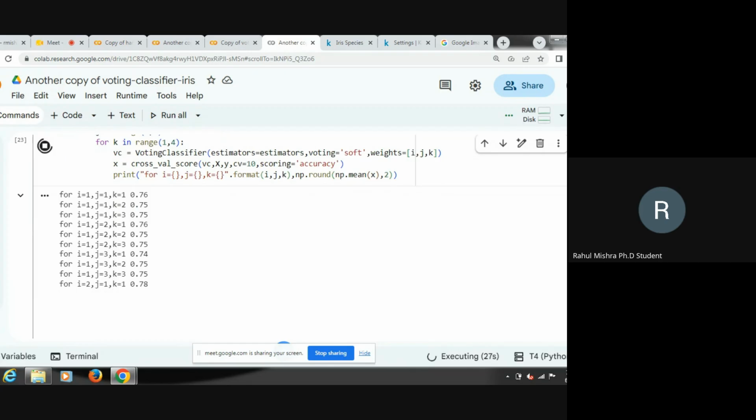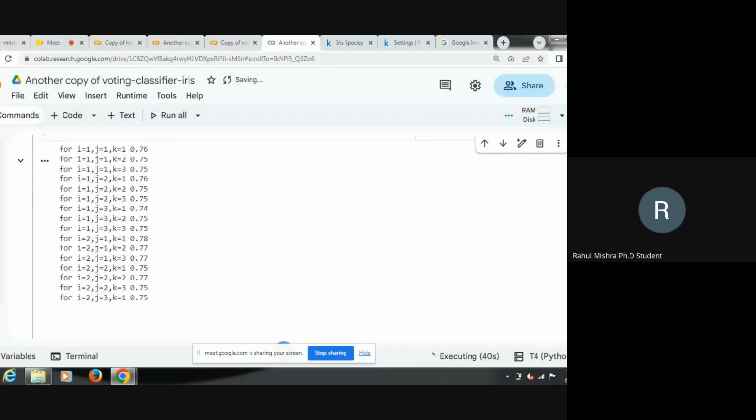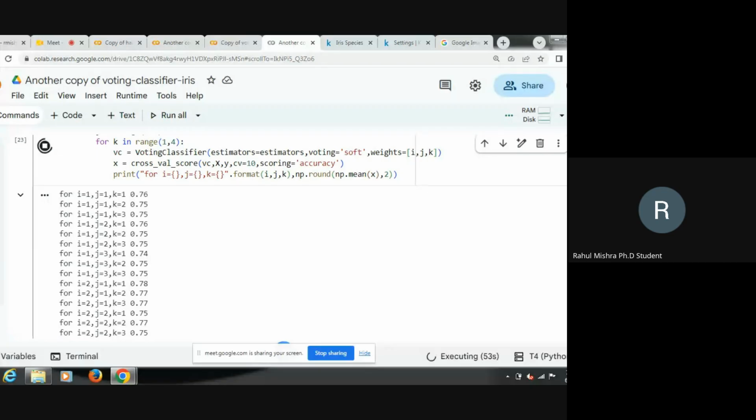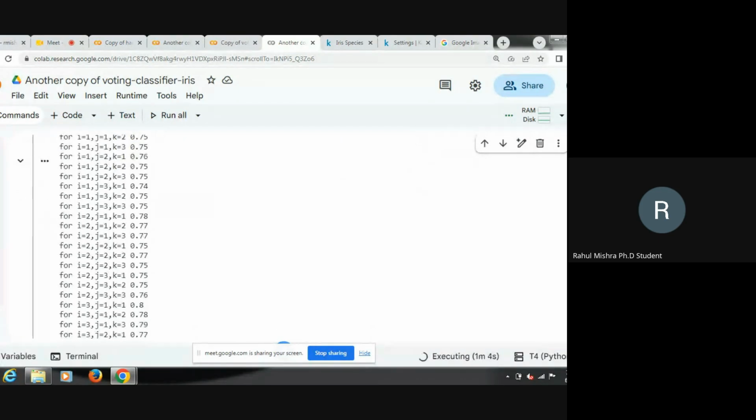Again, we can use multiple runs to find out. It's still running. I've used all the combinations, 1-1-1, 1-1-2, and so on, so we can find out the best combination.